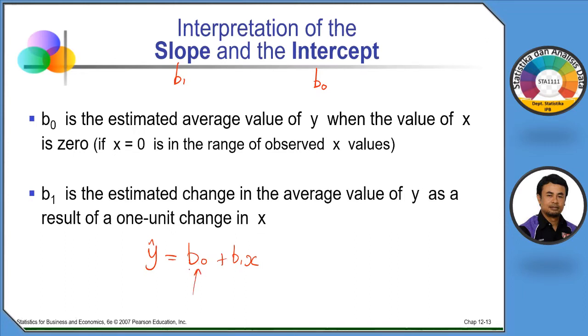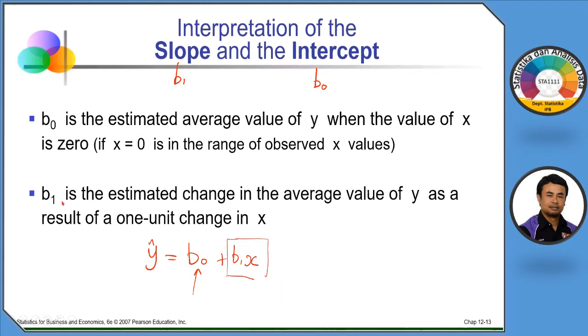So b0 is the estimated average value of y when x is equal to 0. Because when x is equal to 0, it will cancel this term, and you will see that b0 is equal to the y hat. The y hat in this case is the average, right? Again, b0 is the estimated average value of y when the value of x is equal to 0.